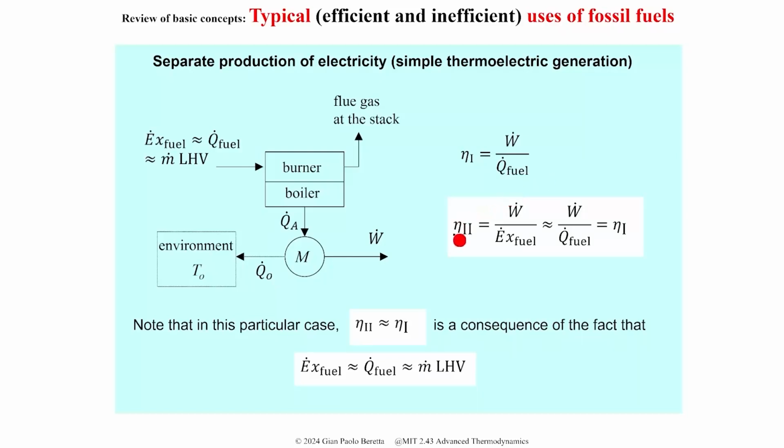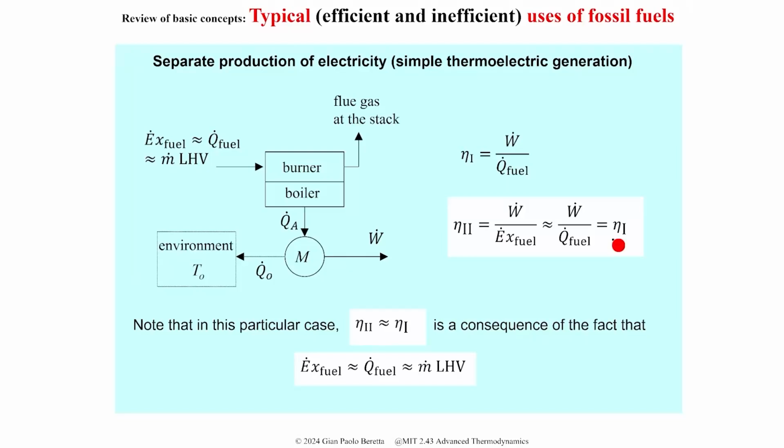The second law efficiency is the ratio of the exergy of the product to the exergy of your fuel. Now, considering that the exergy can be approximated to the energy of the fuel, you see that for this particular case, the second law efficiency is equal to the first law efficiency.